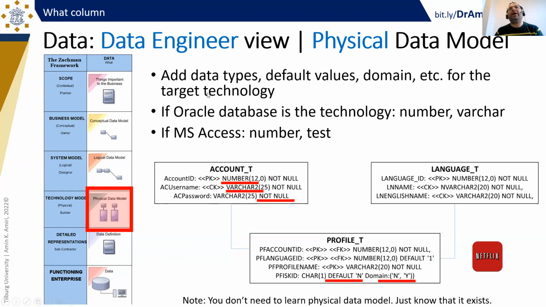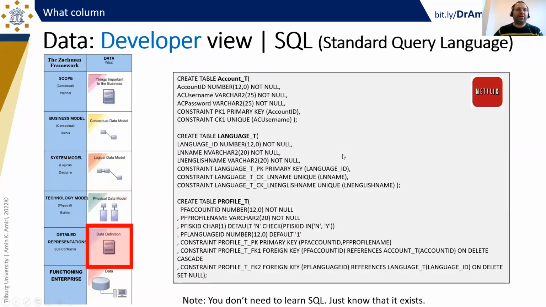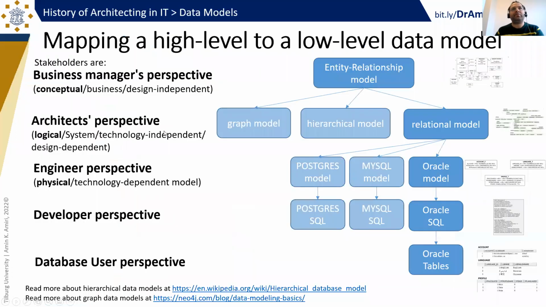You see that I add things related to the target technology. Afterward, the database developer will use SQL to create those tables in the database. Again, you don't need to learn SQL. You just need to know that it exists.